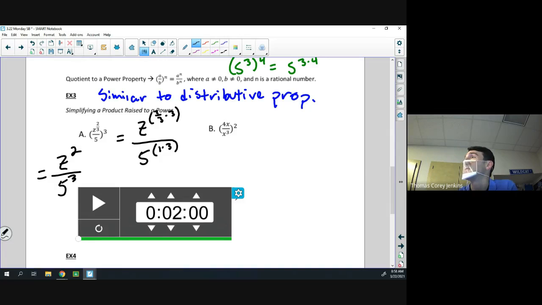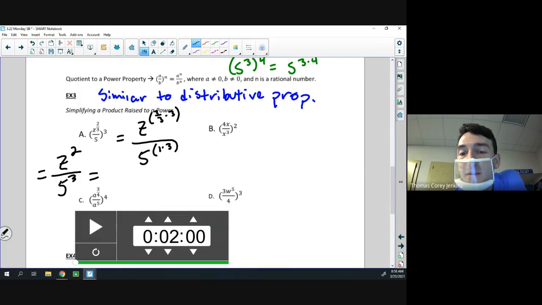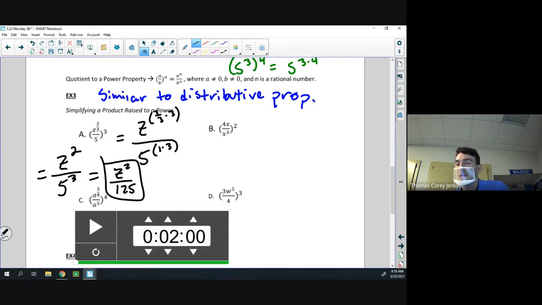So who can tell me what 5 cubed is? You just type that in. 5 to the 3rd power. What's that equal to? Rory? 125. So the final, most simplified answer is z squared over 125. Thank you for that.